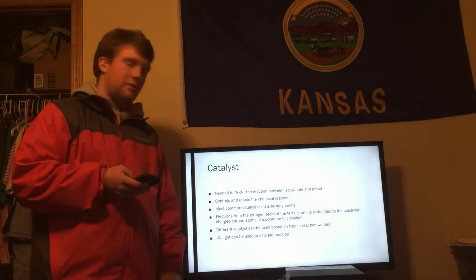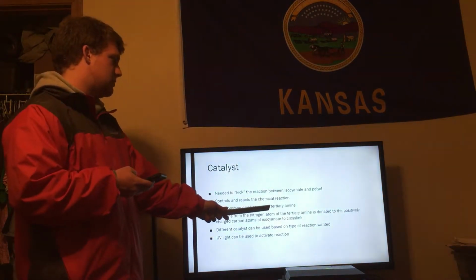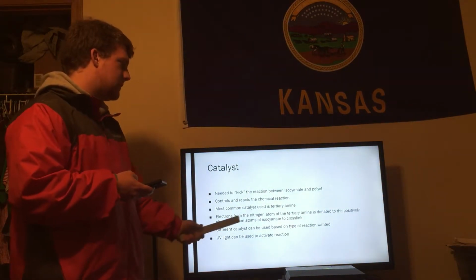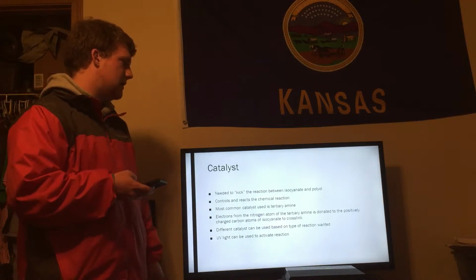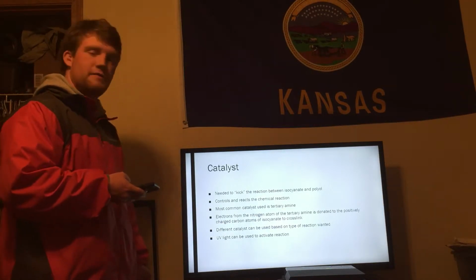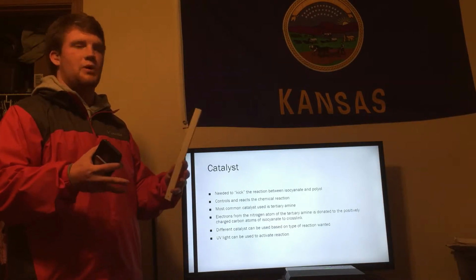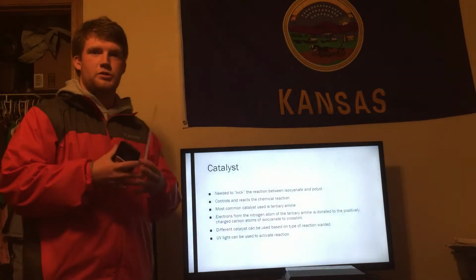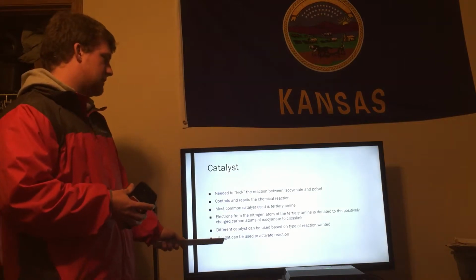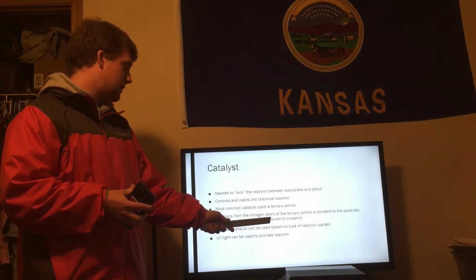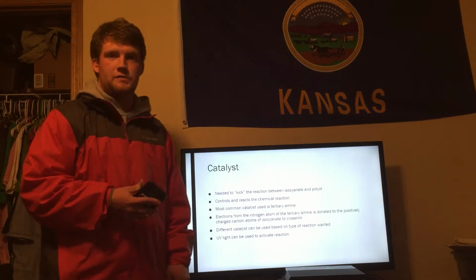The most common type of catalyst is a tertiary amine. Electrons from the nitrogen atom of the tertiary amine are donated to the positively charged carbon of isocyanate, and this causes the chemical bonds to cross-link, giving it a strong structural ability. Different catalysts can be used based on the type of reaction wanted. UV light can also be used to activate this reaction.